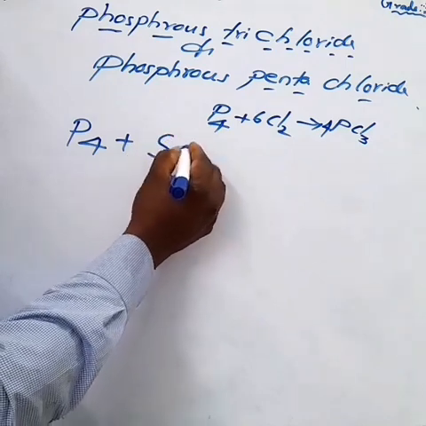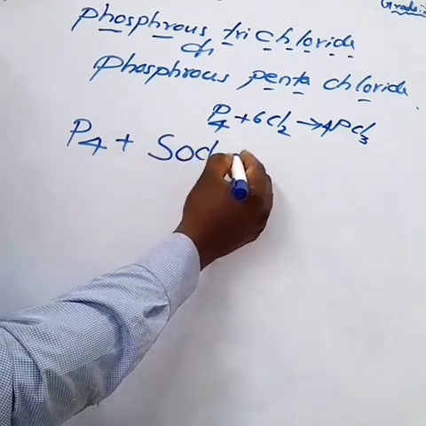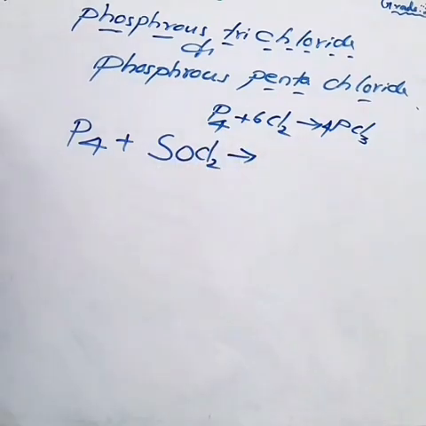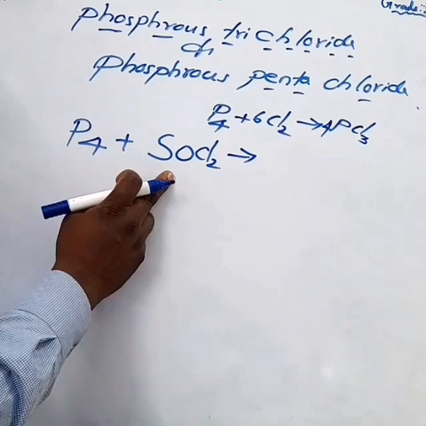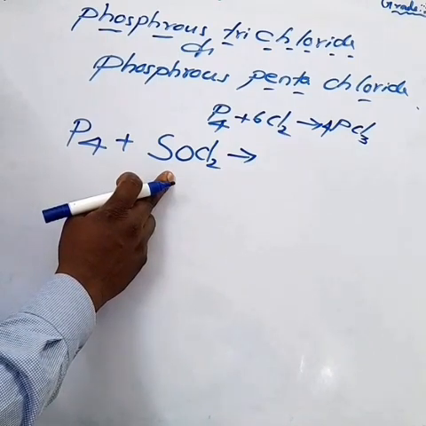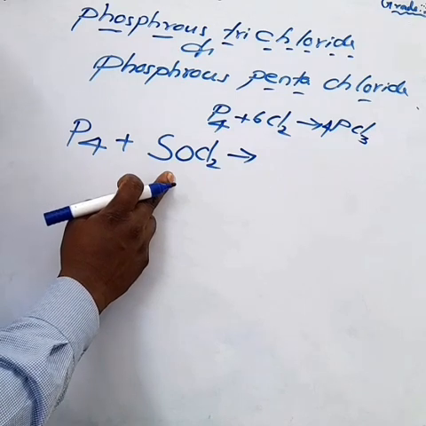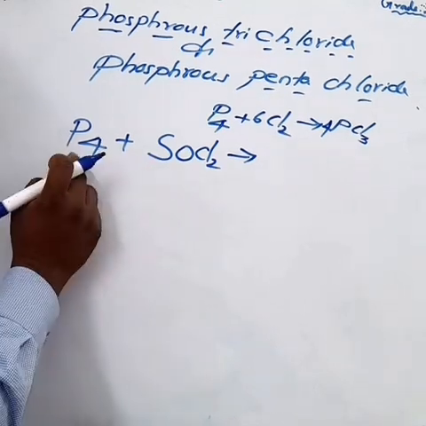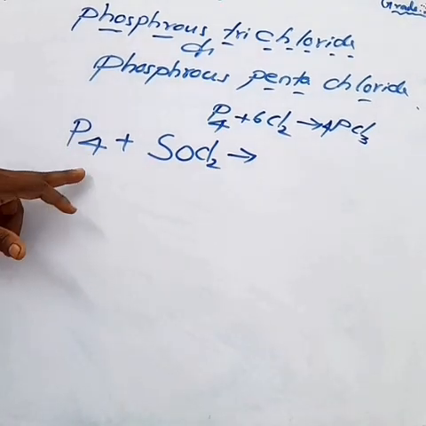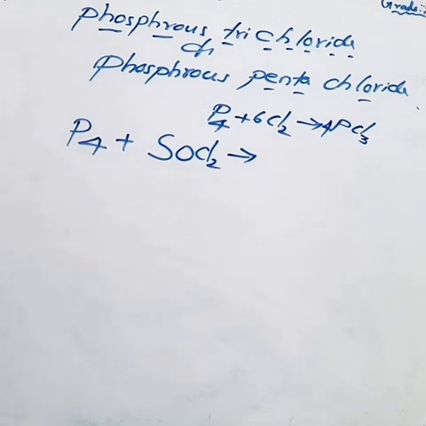That is SOCl2. This is one of the new compounds, so please learn thoroughly: thionyl chloride, SOCl2. We can write the equation: P4 plus SOCl2, that is thionyl chloride.